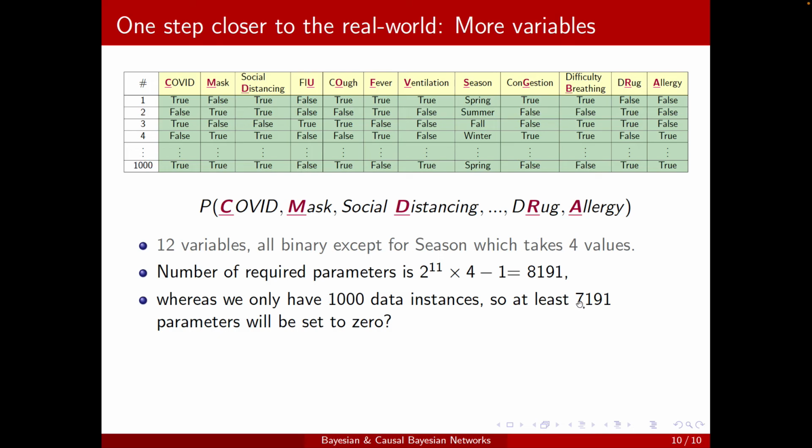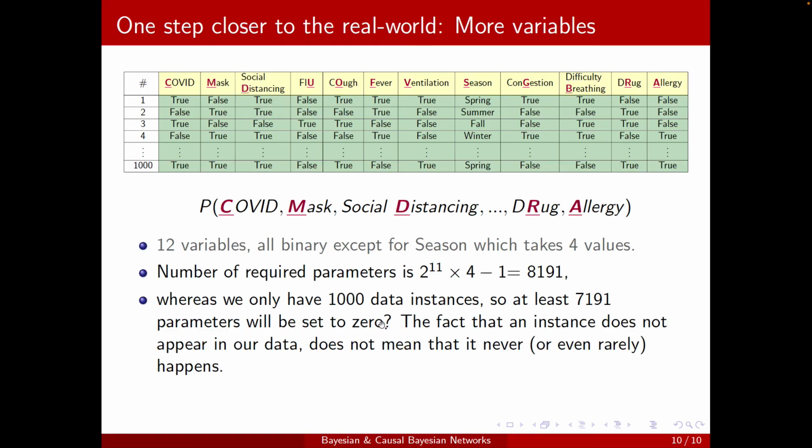So ideally, even if we can estimate each parameter by just a single instance, I don't know how, but imagine you can do that, you will end up with 7,000 parameters that are not estimated. And what should we do? We should just set them to 0? No, because the fact that an instance does not appear in our data does not mean that it will never or even rarely happen.